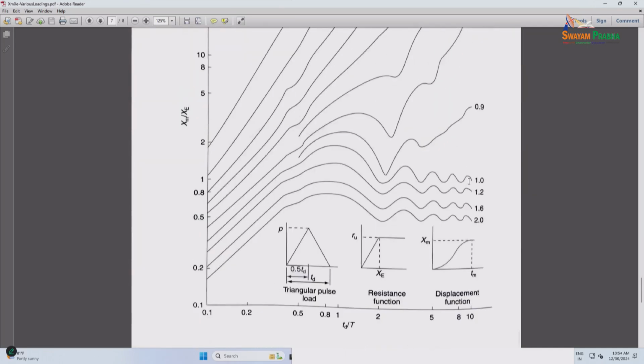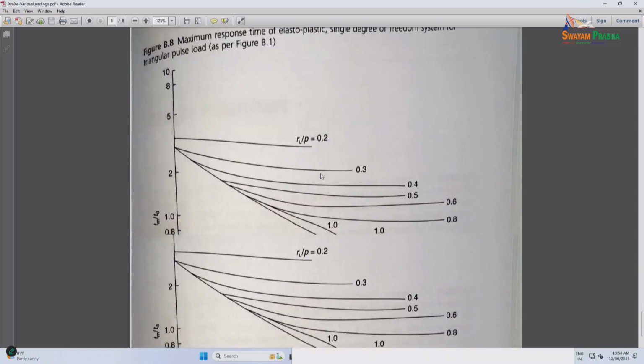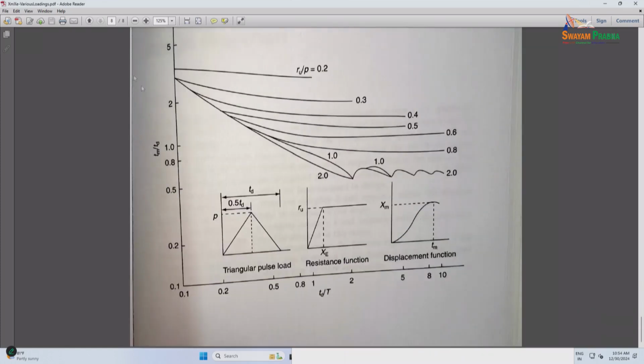This could be useful for petrochemical facilities where you are calculating sidewall responses, you have more of a pulse load and approximations are made. And then the same thing, maximum response time. So we will call this XM by XE and we will upload it in your folders.